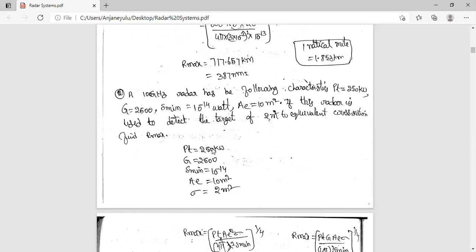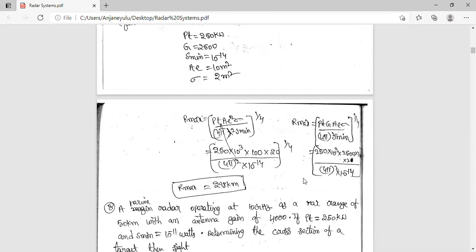Then R maximum equals Pt into G into A into sigma by (4 pi) whole square S minimum, whole power 1 by 4.